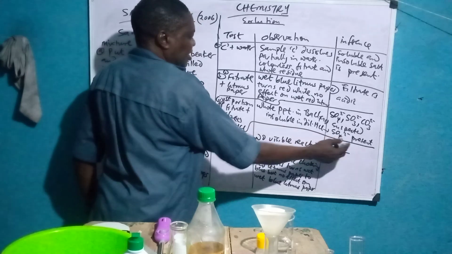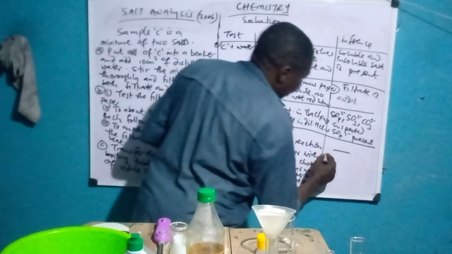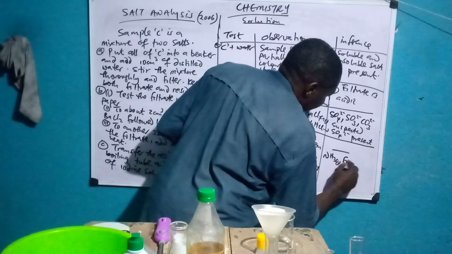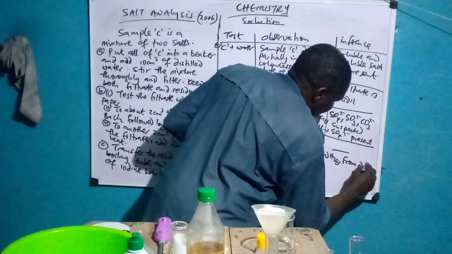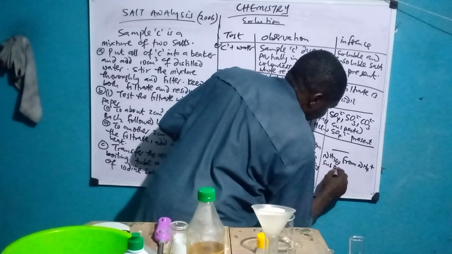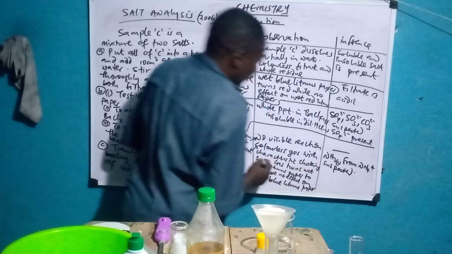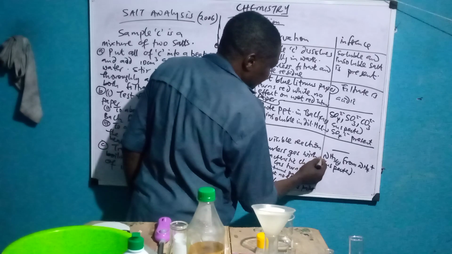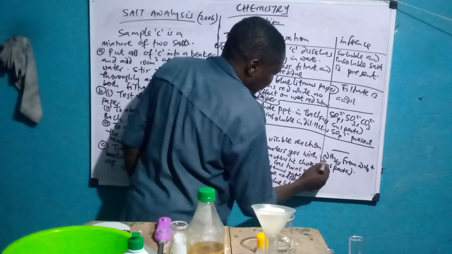So here, no visible reaction, don't write anything. Colorless gas, you say NH3 ammonia gas from NH4 plus suspected. That is under colorless gas with characteristic choking smell for this column. That's when you suspect that.